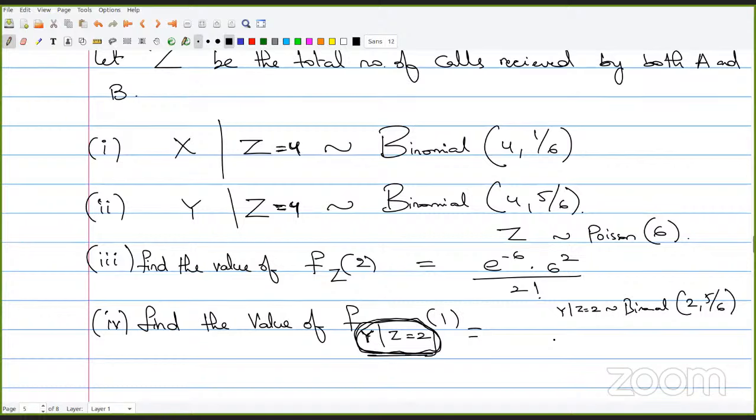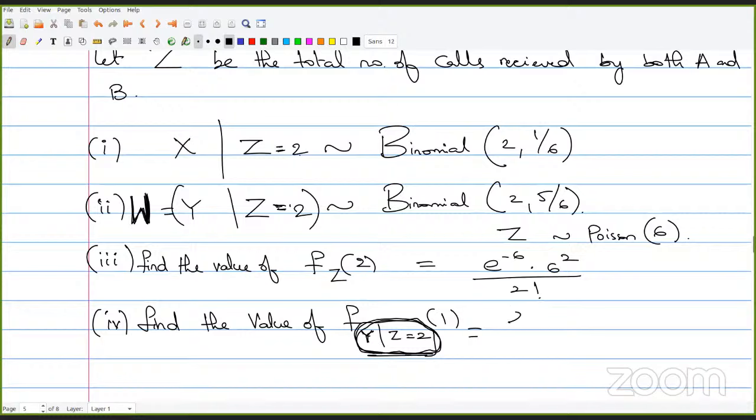Okay. So as not to confuse, let me take this as some new random variable, maybe W. I just replace that whole conditional random variable, Y given Z equals 2, with W, and this W follows binomial 2 comma 5 by 6.